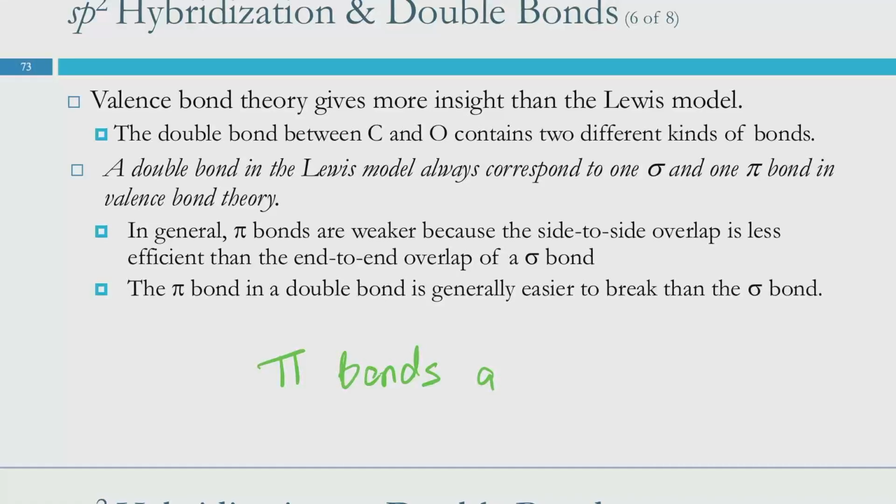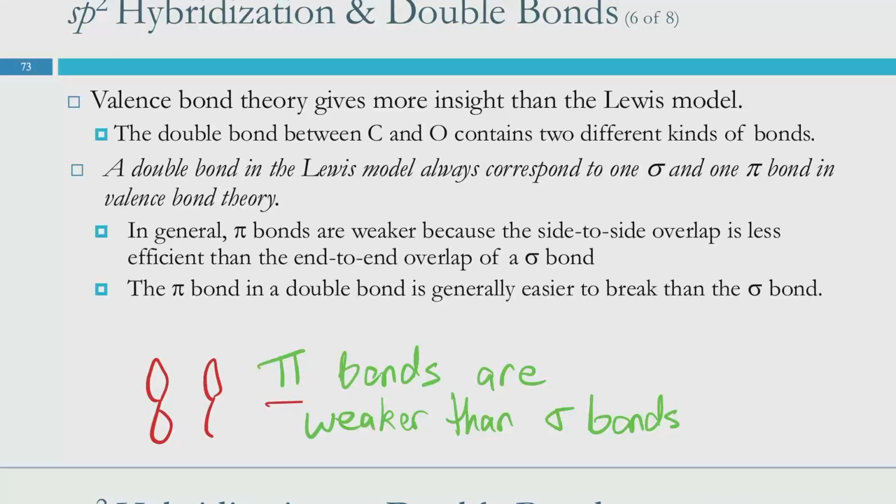So pi bonds are generally weaker than sigma bonds. So that's our sigma, and that's the pi. My very bad artist's interpretation of them.